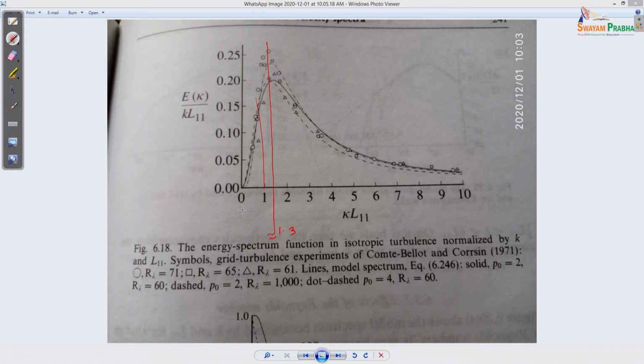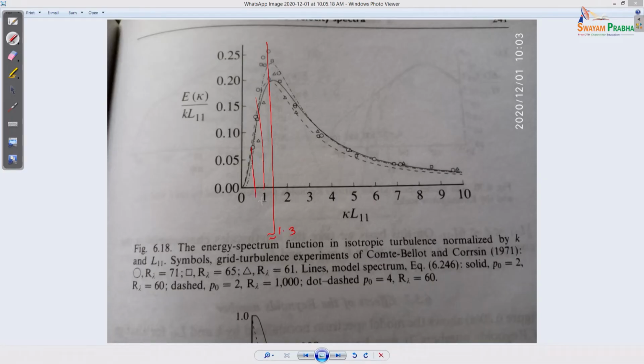Therefore, for our case, we said the minimum wave number that we have is 0.8, which will be somewhere over here. So, it would be around say 5%. So k L11 is about 0.8, which means 5%.